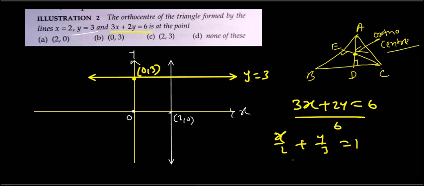So 2 will be my x-intercept, 3 will be my y-intercept. That means the line is passing through these 2 points, right? So the equation of this line is 3x plus 2y equals to 6.